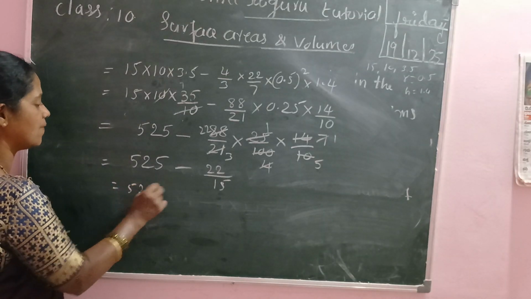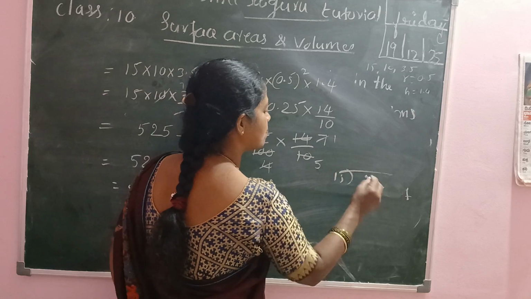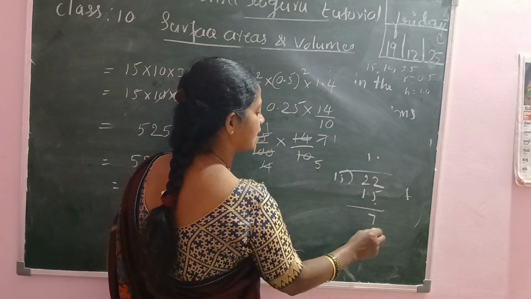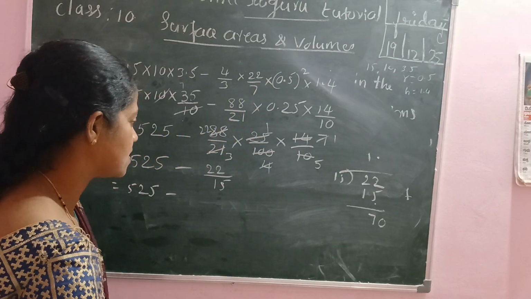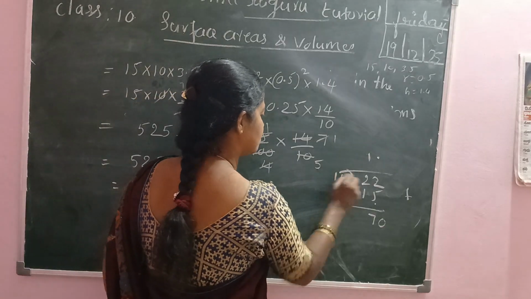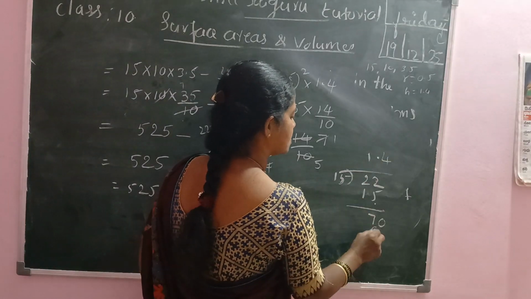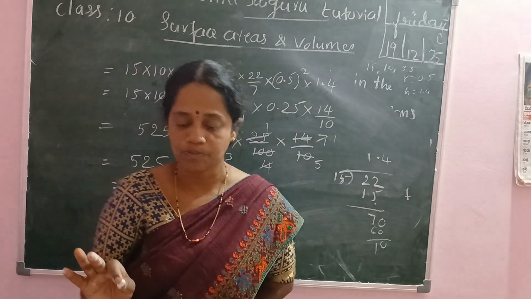Then 22 divided by 15: 15 ones are 15, 22 minus 15 is 7. Then 15 fours are 60. Up to one decimal place, 1.4.